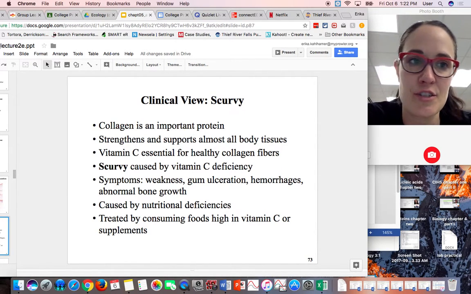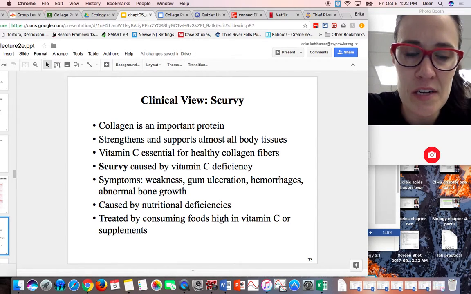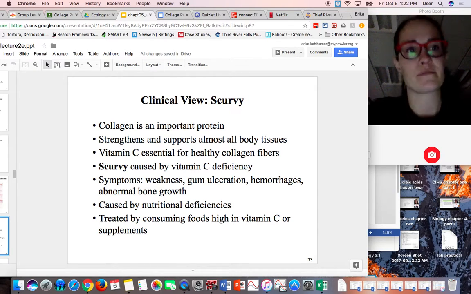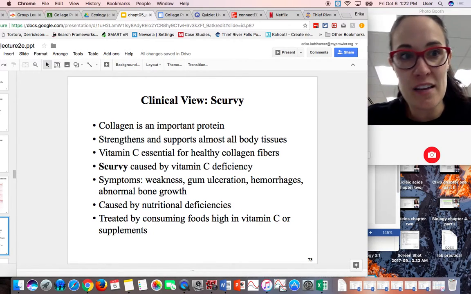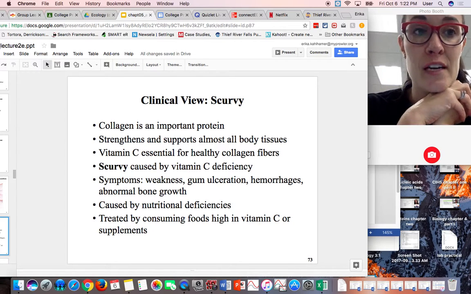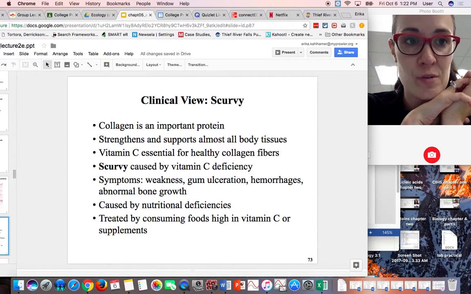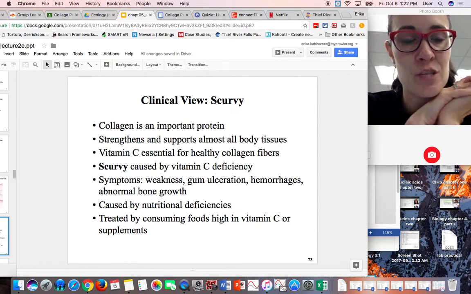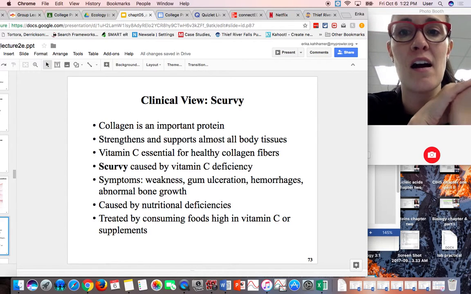Clinical connection, scurvy. The pirates back in the day had to worry about getting scurvy, which is an abnormality with collagen in your connective tissue. Not enough vitamin C in the diet, which the pirates didn't have because they were on ships for long periods of time. They could get scurvy, so a weakness in collagen.